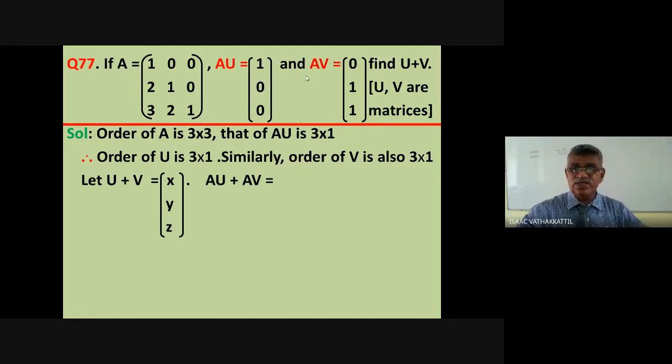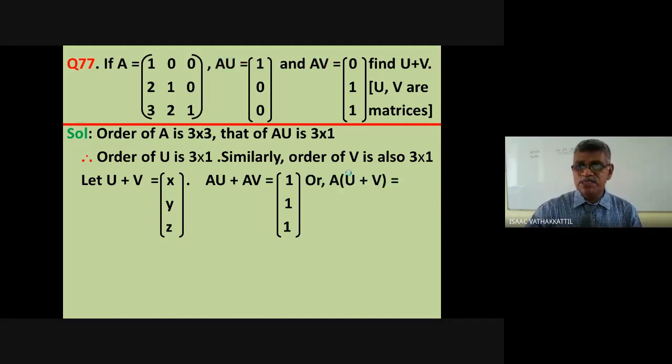AU is here, AB is here. You add these two matrices, 1, 0, 0 and 0, 1, 0, and you get 1, 1, 1. AU plus AB is 1, 1, 1.